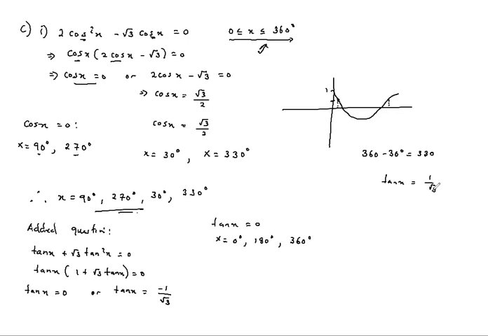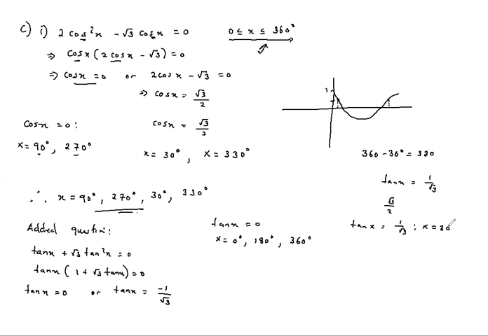It's likely to happen at 60. Let's see. Sine 60 is root 3 over 2, so it's not there. It means that it's at tan 30. So for tan x is equal to 1 over root 3, x is going to be 30.